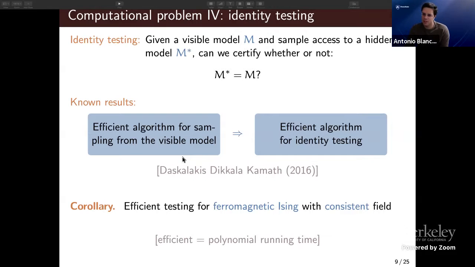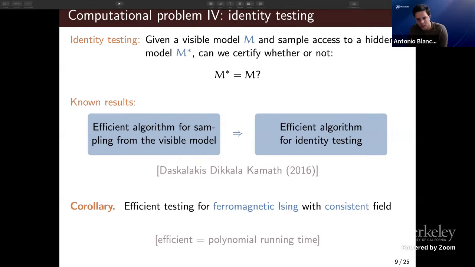And here by efficiency, we mean polynomial running time. When I say efficient throughout the talk, I will mean polynomial running time. One way of thinking about this result is that it is a reduction that says whenever sampling is easy, then testing is easy too.